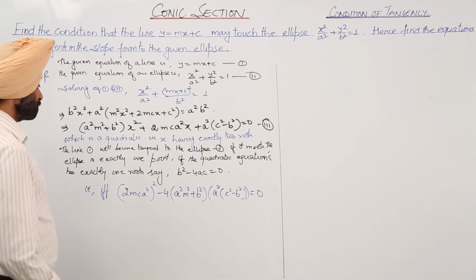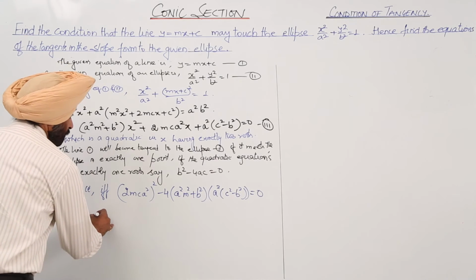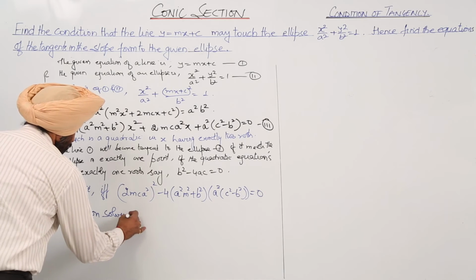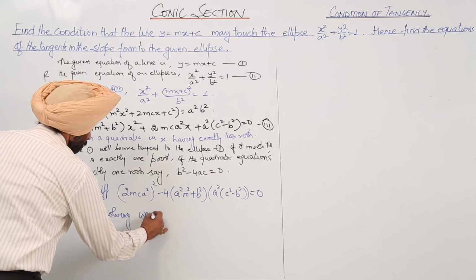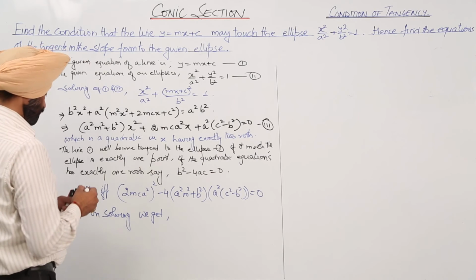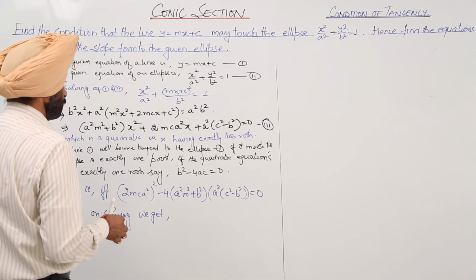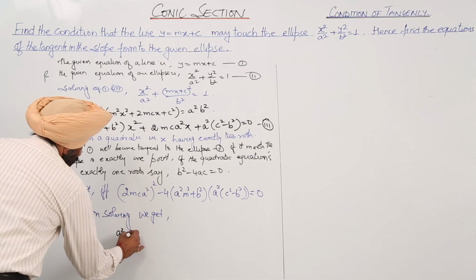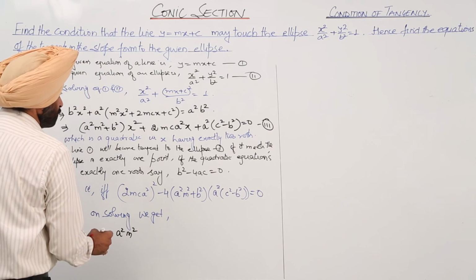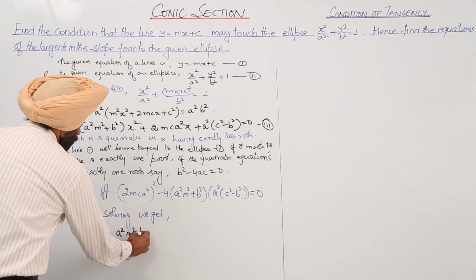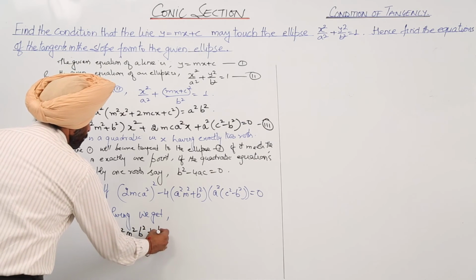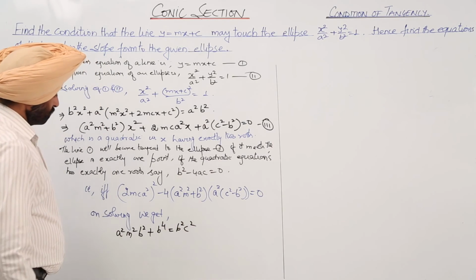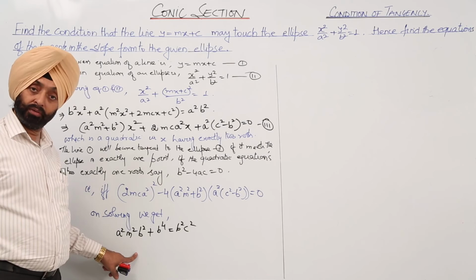So on solving we get a square m square b square plus b raised to power 4 is equal to b square c square. When you solve this part, you will get this one.